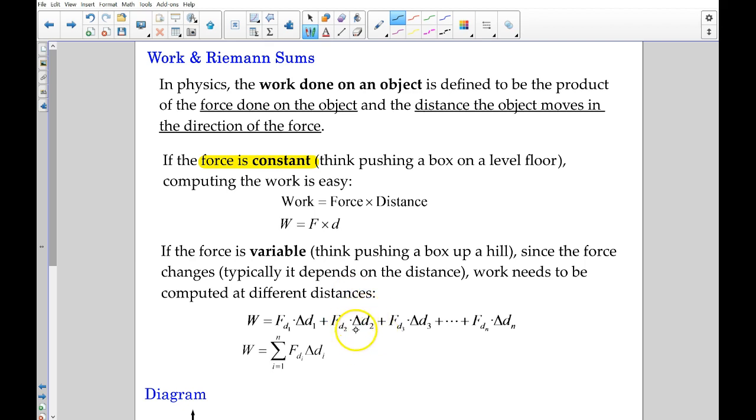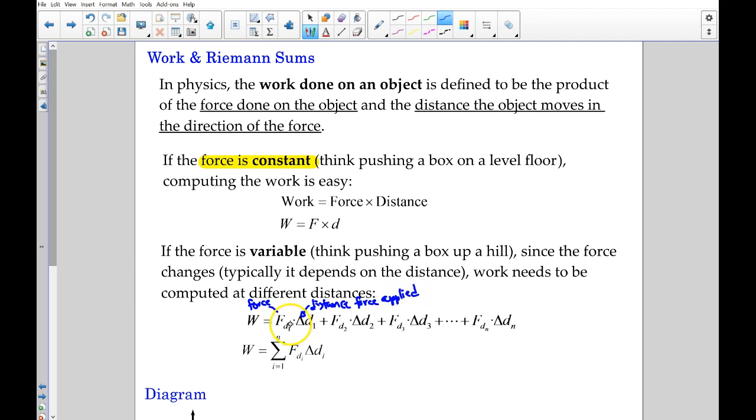That's delta d2. So if I'm writing this out, this is the force, and then this is the distance the force was applied.